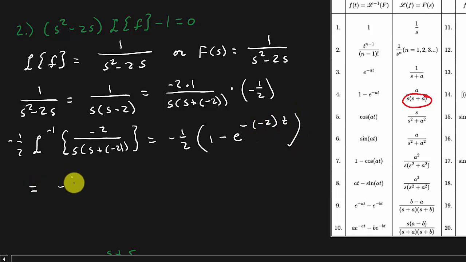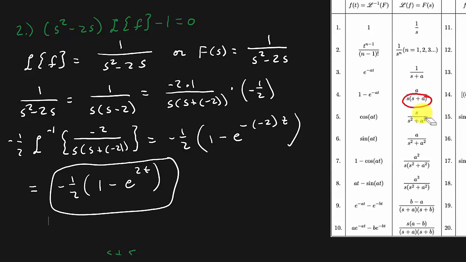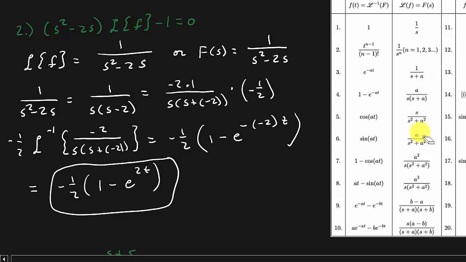And so this is negative 1/2 times 1 minus e to the 2t. And there's the inverse Laplace transform of that. All right. So you can see it's not too bad. Okay. They're going to get a little more difficult, but they're not that bad.